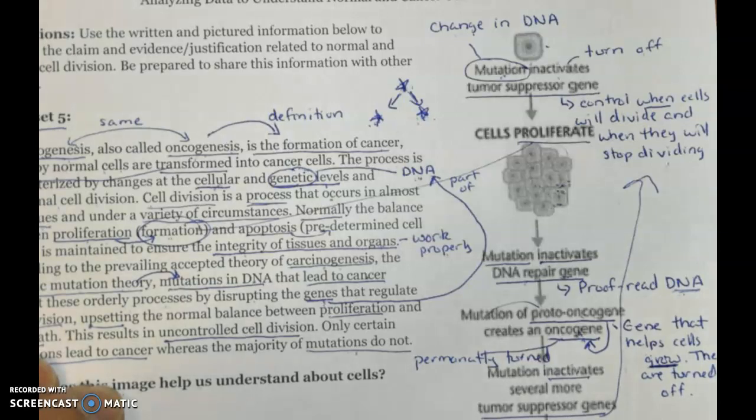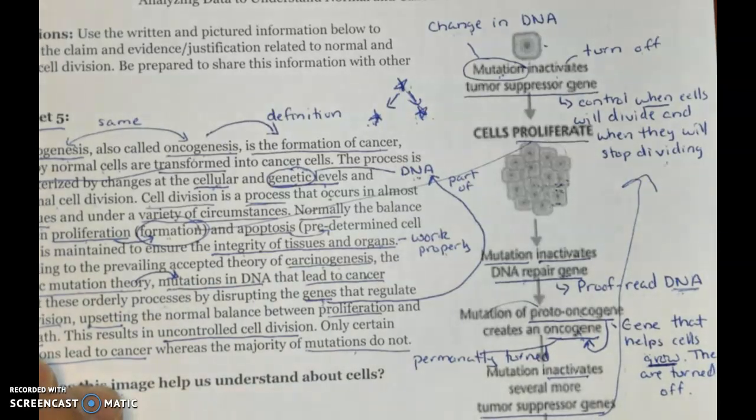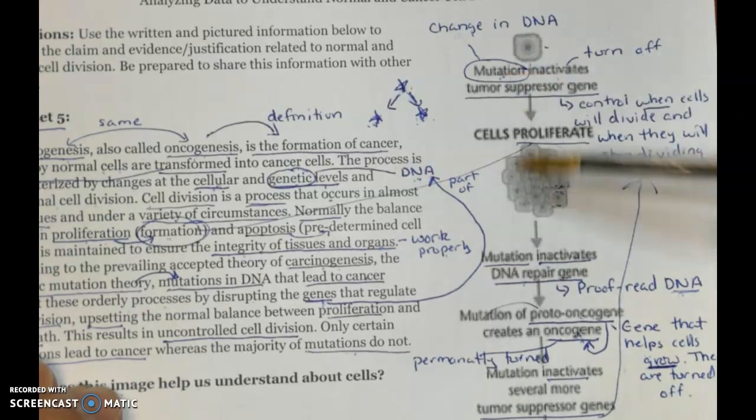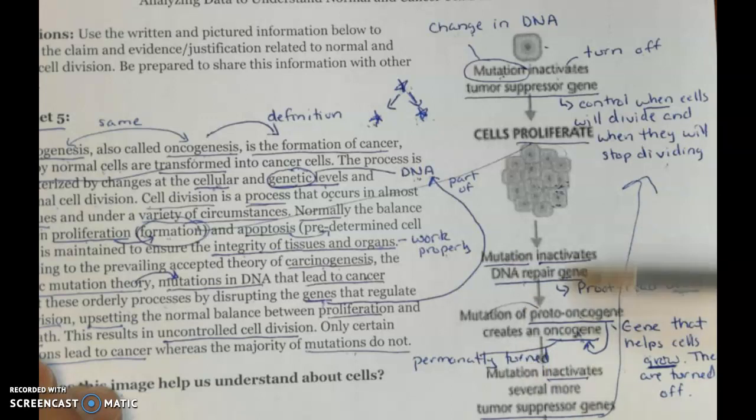Now we got cancer. Now we have those cells that grow and grow and grow, make more and more copies, and they're all damaged cells because they've experienced a series of changes in DNA at specific sections of the DNA.